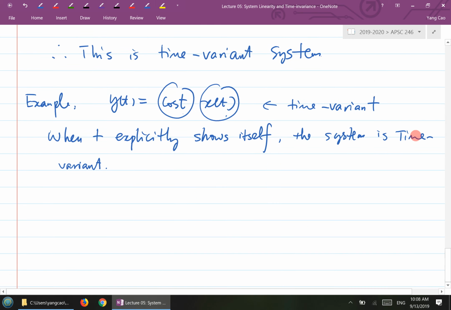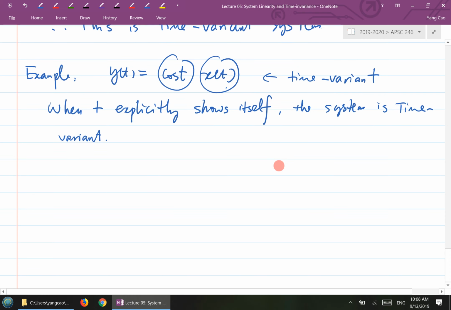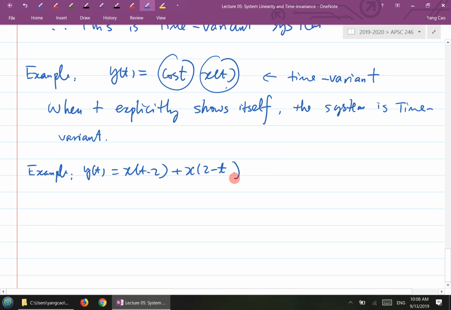Okay, so I think I can go through another example here. We'll use that example that we have done for the system linearity. Let's use this one because we showed that this system is a linear system, right?